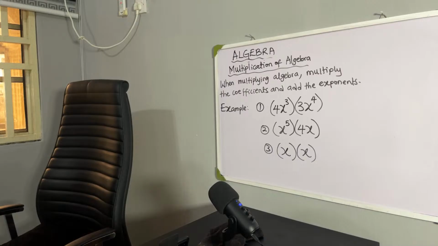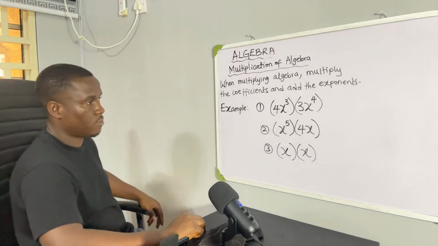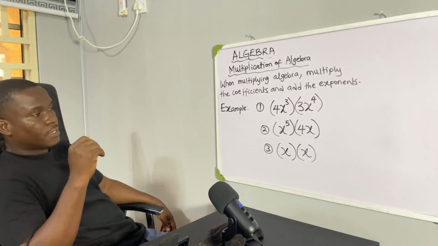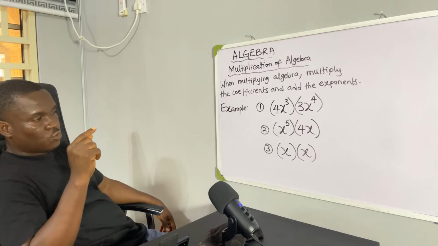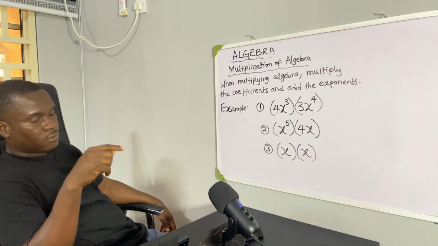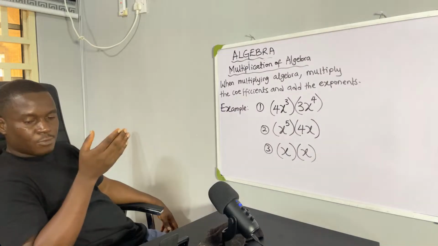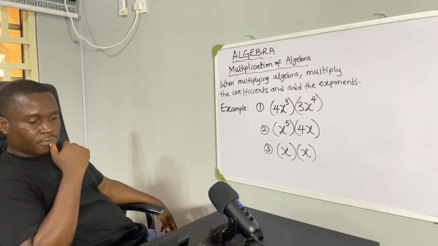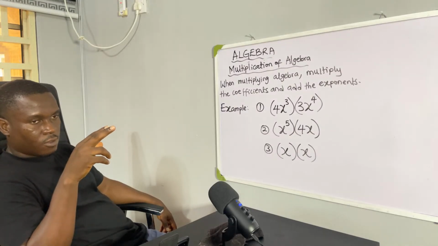Okay. So what did you get for the first one? 12 raised to 7. Is it 12 raised to 7 or 12x? The examples we gave, the first one we had 12, 7.